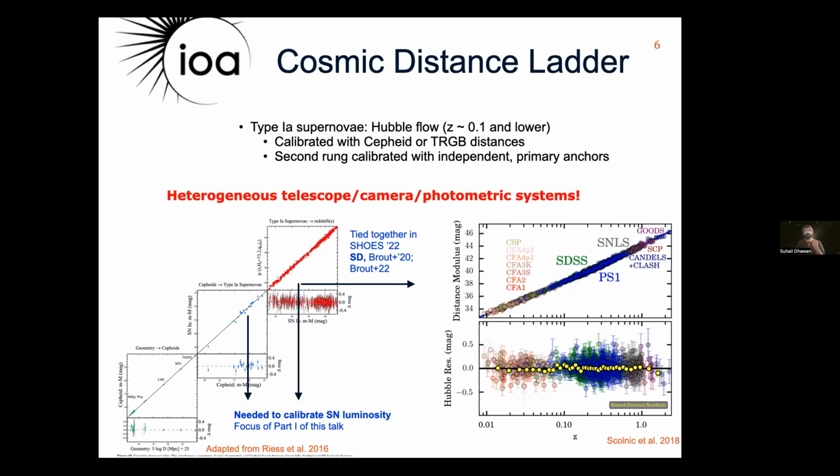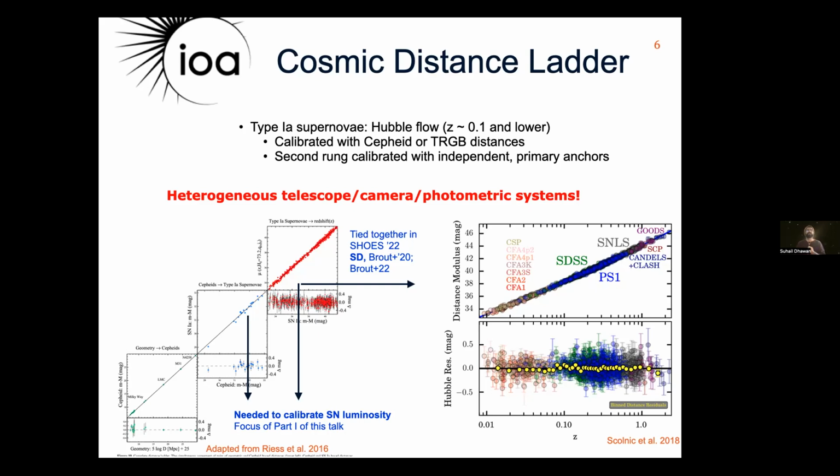The reason this is a hurdle is because we're trying to get a percent level estimate in the local distance scale, and having all of these heterogeneous calibrations can be a source of systematics. I'd like to flag that there's been a lot of work, specifically with the new Pantheon Plus compilation, to combine these together by cross-calibrating them precisely. But again, a lot of this information is no longer available.